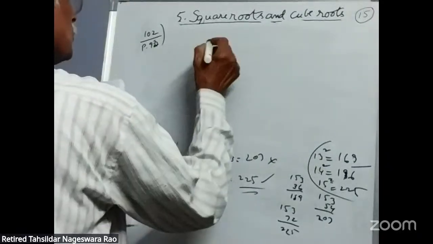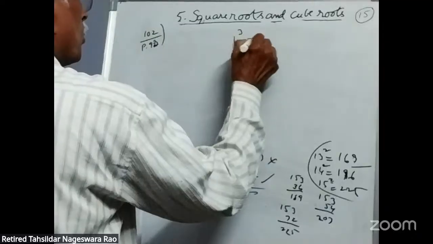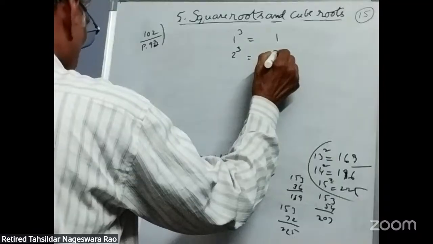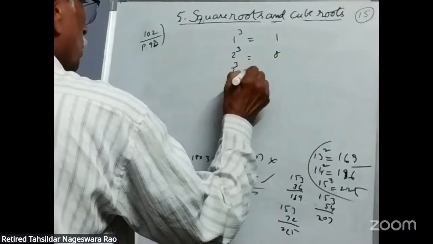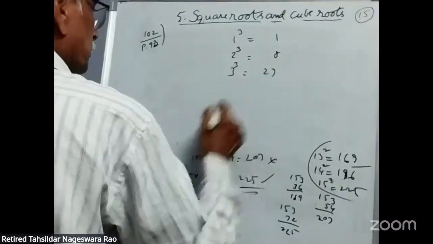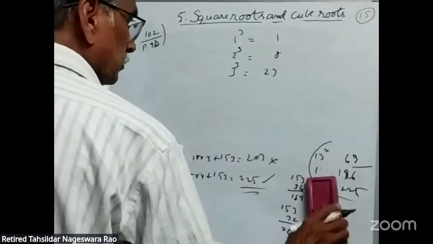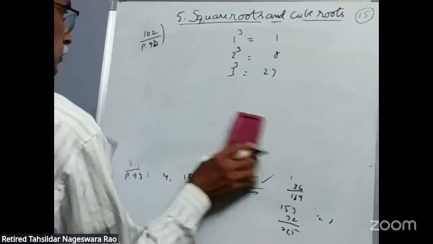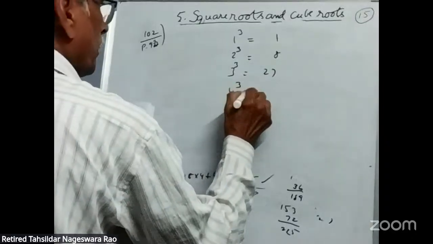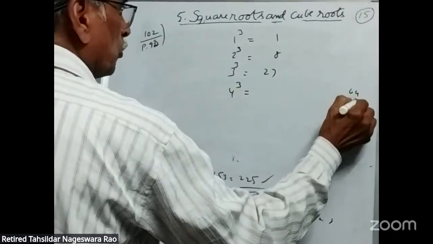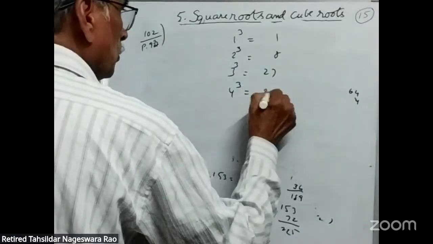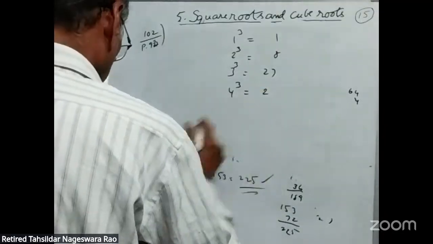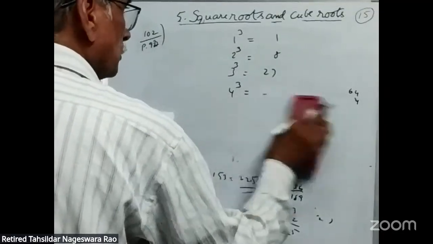What are the cubes? 1 cube is 1. 2 cube is 2 into 2 into 2, 8. 3 cube is 3 into 3 into 3, 27. 4 cube is 4 into 4 into 4, 64.